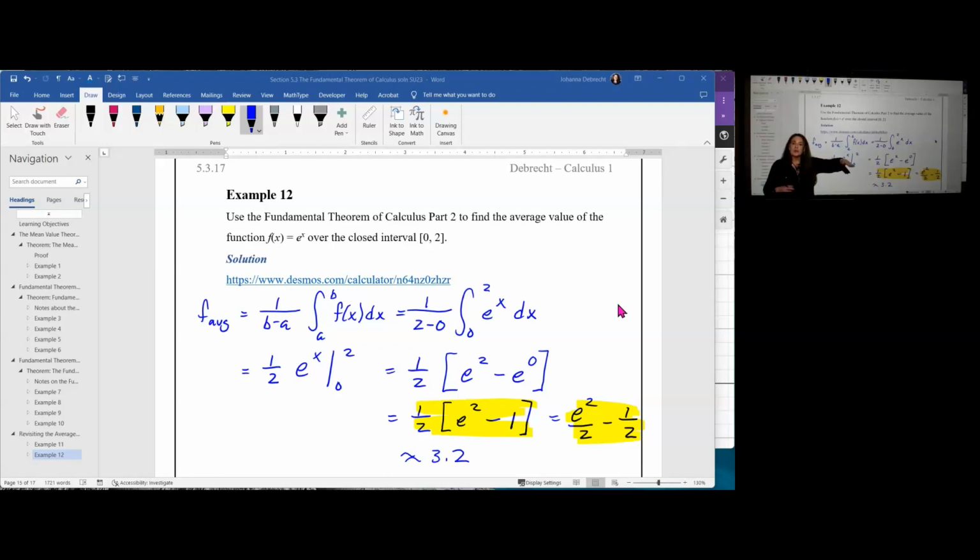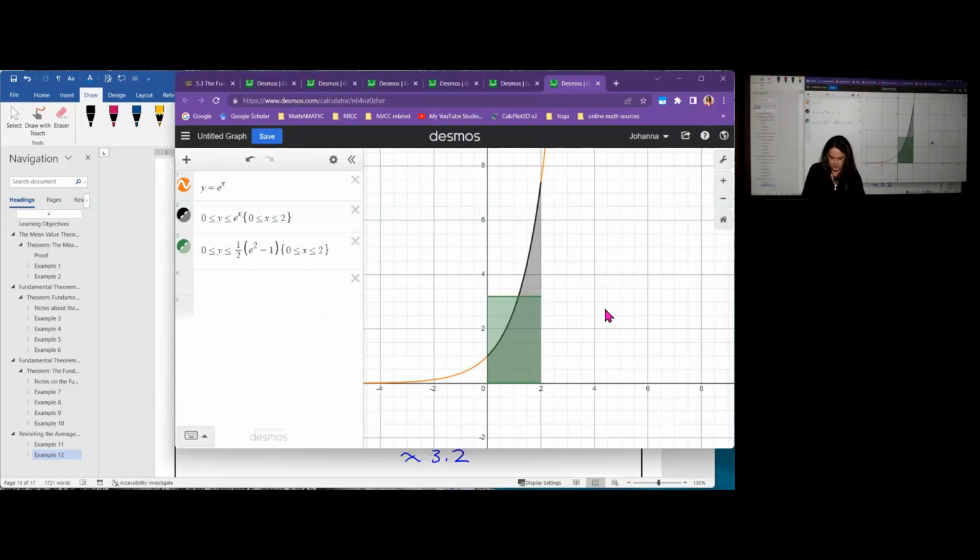The y value whose rectangle over the same interval gives you the same area that's between the curve and the axis. Let's take a look at it now. When you look at this, realize that the exponential is graphed here in orange and it turns dark on the inside.